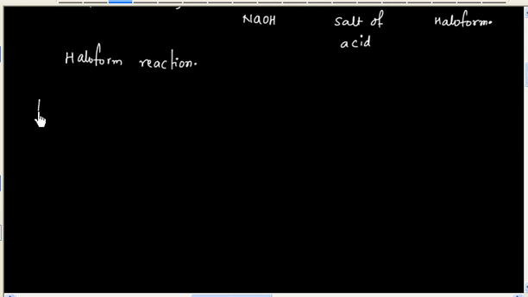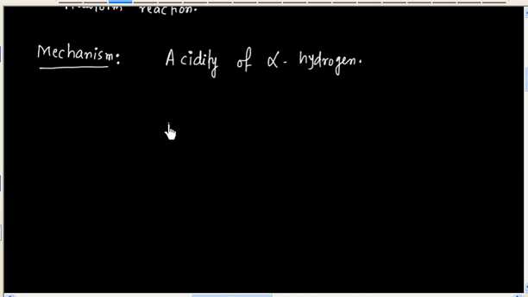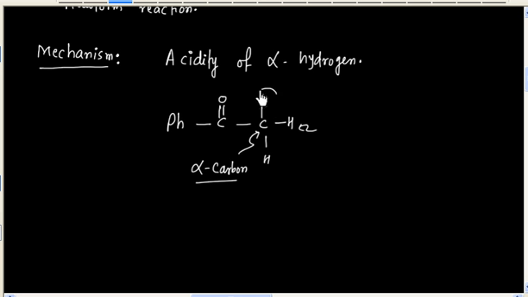Let us discuss the mechanism of this reaction. This reaction occurs because of acidity of alpha hydrogen. So if you see a methyl ketone, this carbon is alpha carbon and these three hydrogen are alpha hydrogen.